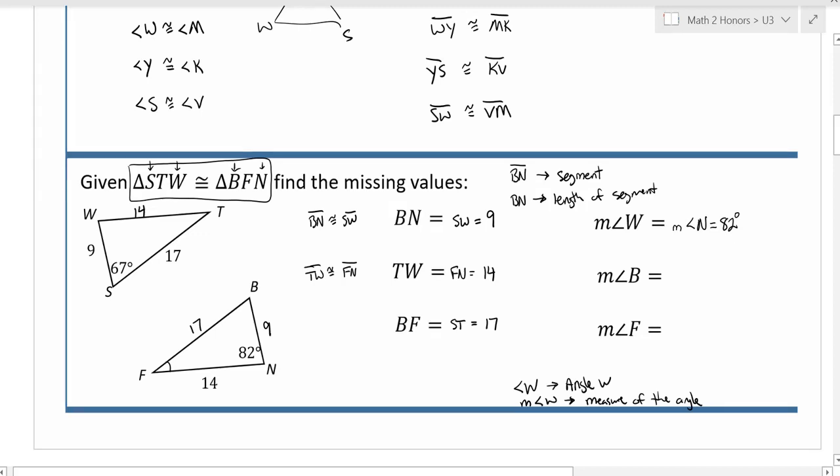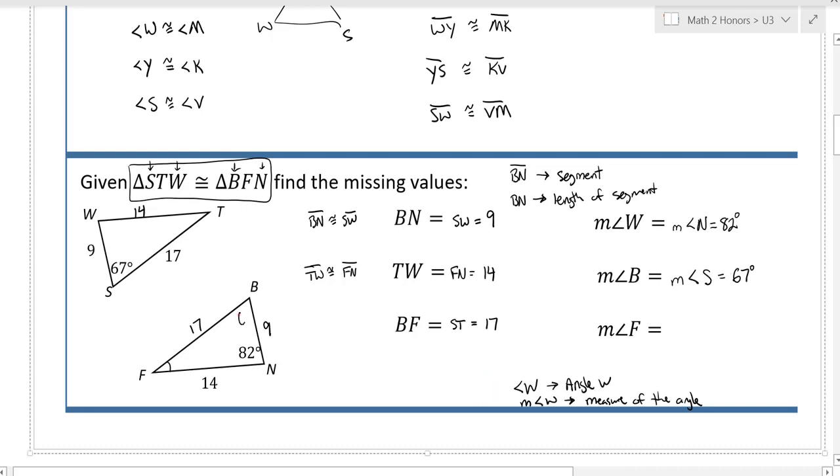The measure of angle B is going to equal the measure of angle S, because they're both the first letters in my congruent statement. And so S is 67, so 67 degrees. So I'm going to write that in there. We got 67 degrees, and we have an 82 degrees at W.